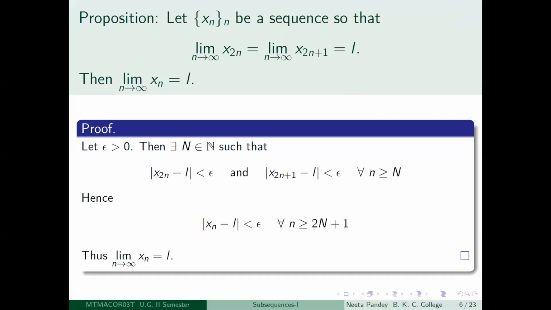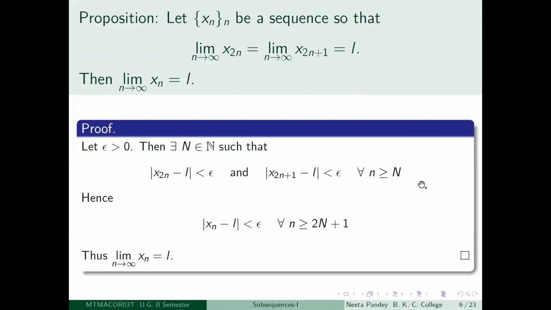So if you choose a common term after which all the even terms and all the odd terms lie in the epsilon neighborhood, then that automatically implies that all the terms of the sequence will lie in that neighborhood, because any term of the sequence corresponds either to an odd number or to an even number, right? So that is the idea of the proof.